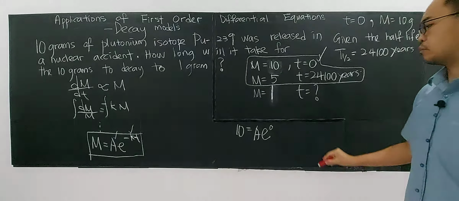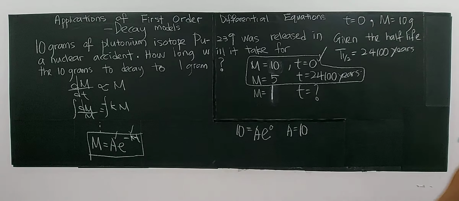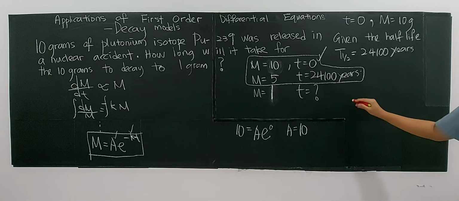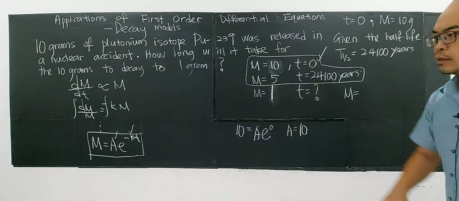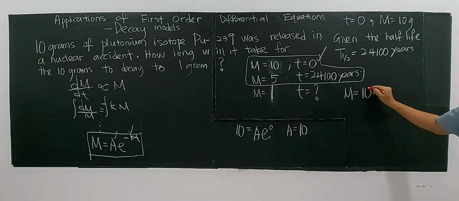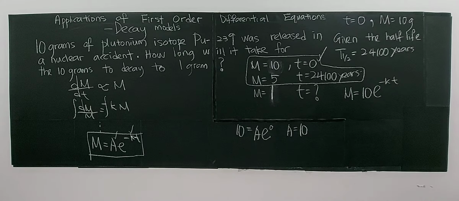Then we have A equals 10. So we have improved the formula: with the constant A, M is 10 e to the negative kt.